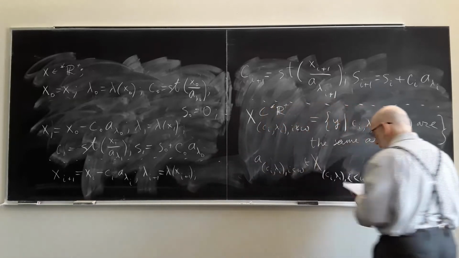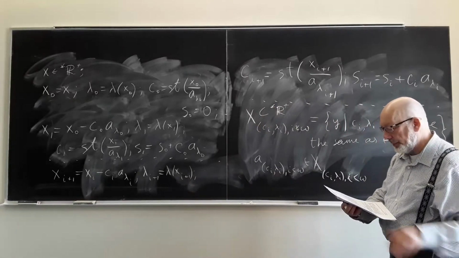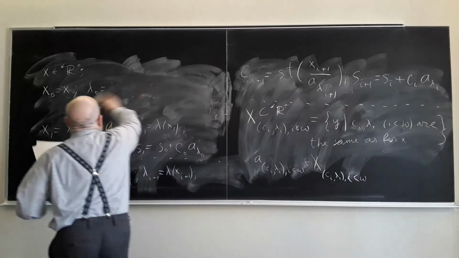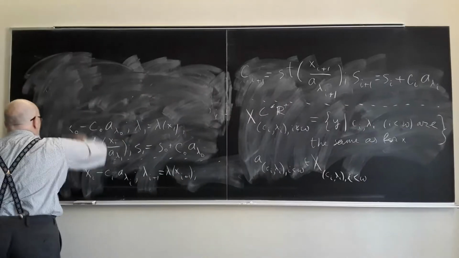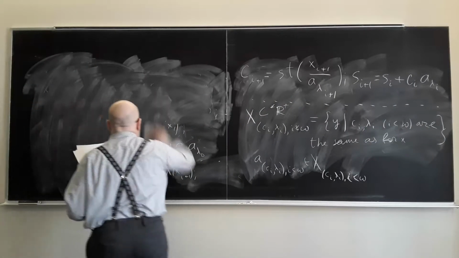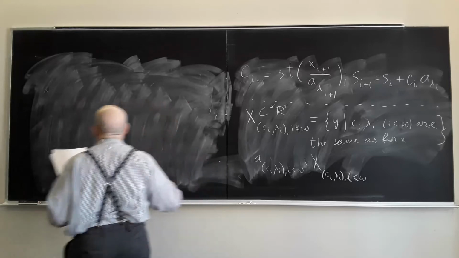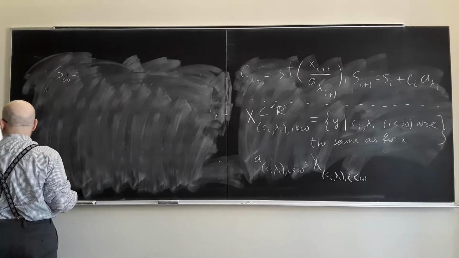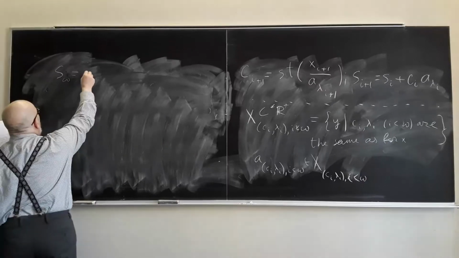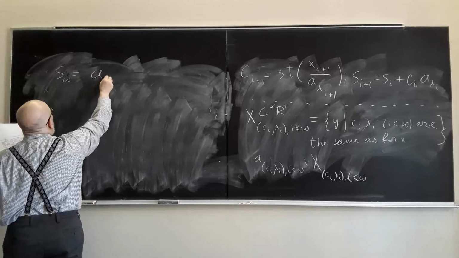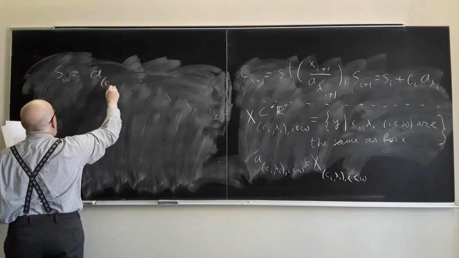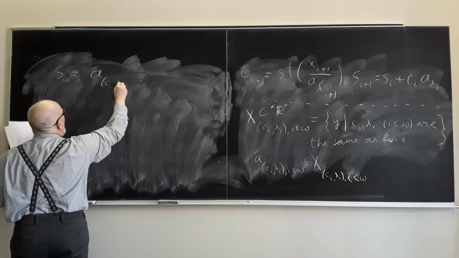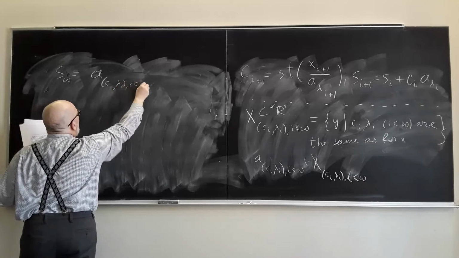And then you define the term number omega as s omega equals A, ci lambda i, i less than omega.